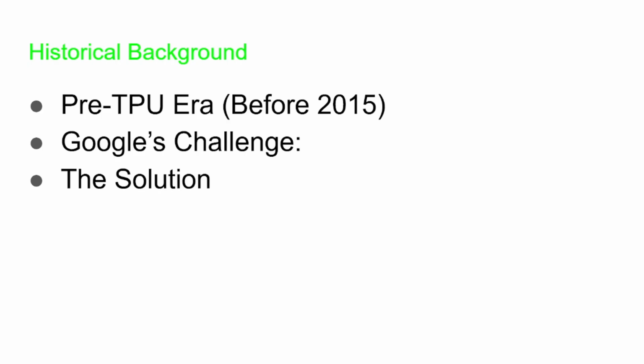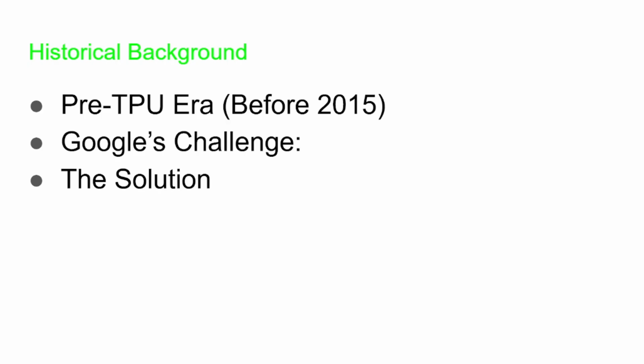Here are Google's challenges. Google realized that its services, such as search, translate, and photos, require billions of inferences per day. Running those on CPUs or GPUs could be too expensive and power hungry.